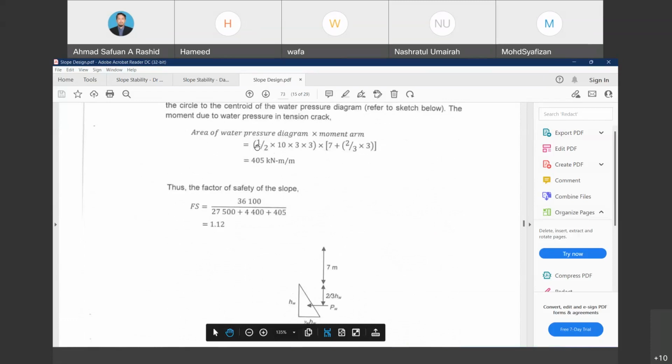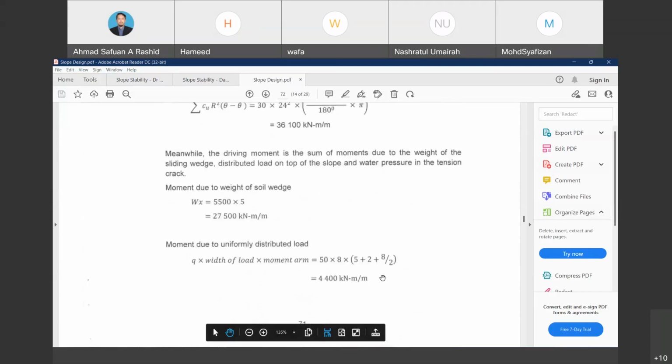So half times 10, the unit weight of water, times 3, the height of the tension crack, and also times another 3, to get the pore water pressure value at the 3 meters. So this is the weight.